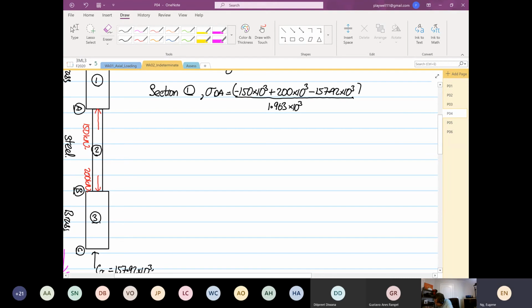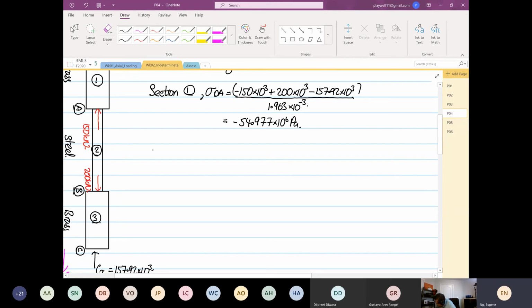So this will be equal to minus 150 times 10 to the power 3 plus 200 times 10 to the power 3 minus 157.92 times 10 to the power 3, divided by 1.963 times 10 to the power minus 3. So it's equal to minus 54.977 times 10 to the power 6 Pascal.